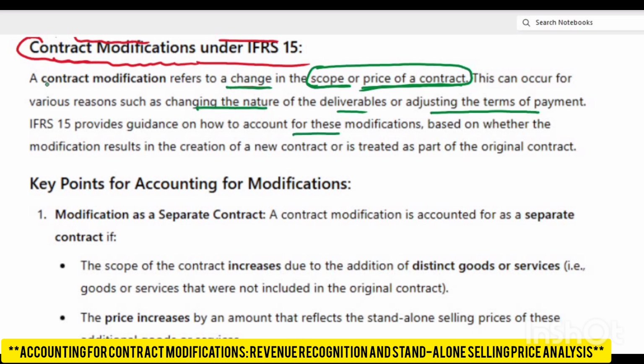Regardless, how we account for these modifications depends on whether the modification leads to the creation of a new contract or is treated as a part of the original contract.